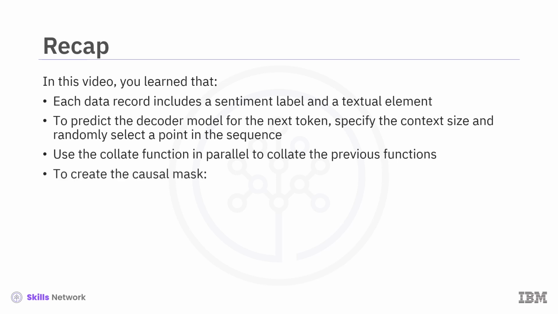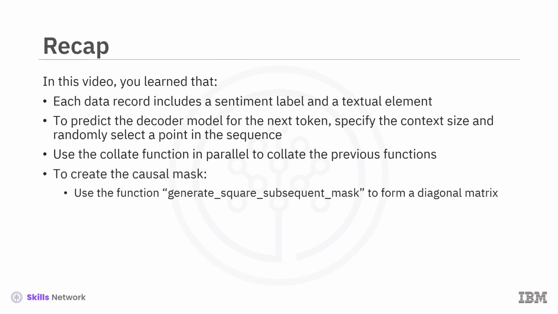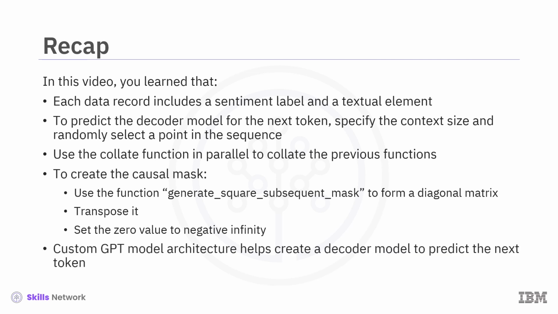To create the causal mask, first use the function GenerateSquareSubsequentMask to form a diagonal matrix, transpose it, and set the zero value to negative infinity. Finally, you learned that the custom GPT model architecture helps create a decoder model to predict the next token. Here, the embedding layer maps each input token to a dense vector of size embed_size, and the linear layer outputs the logits over the vocabulary size.